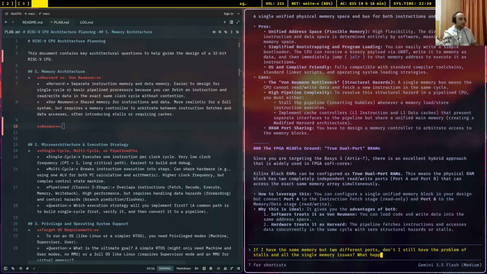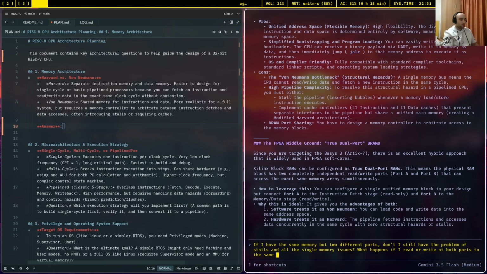What happens if I read or write both ports to the same memory address? Is the memory inherently split between the two ports?